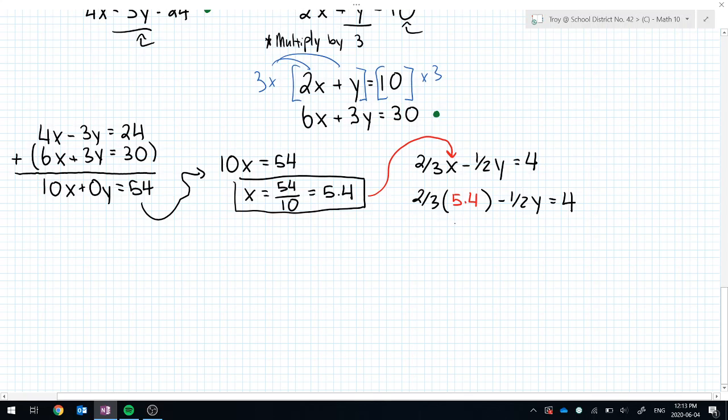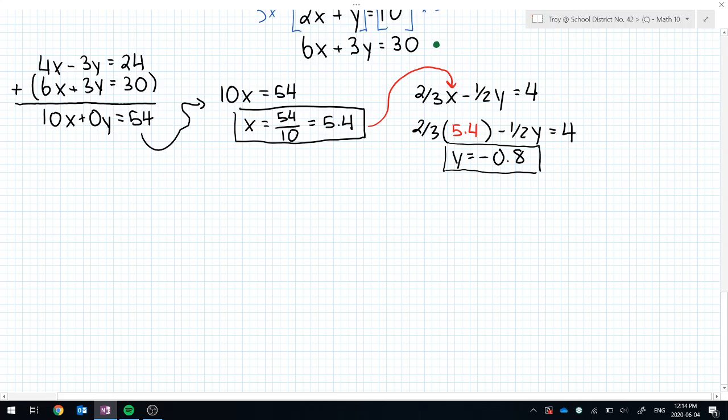So we'll end up getting a value of y of negative 0.8. If we multiply these together, subtract it from 4, and then divide by negative 1/2, we'll get this value for y. Okay, so then that's our solution. A value for x and a value for y.